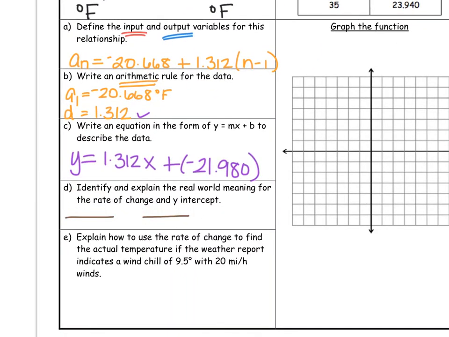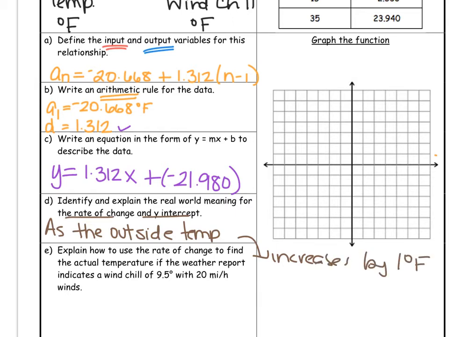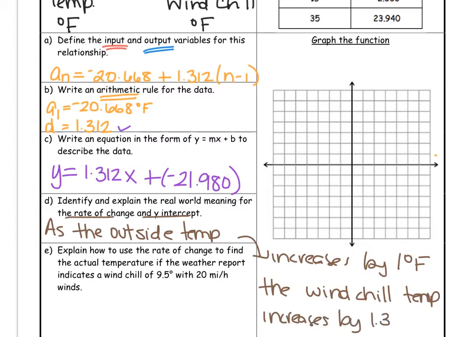And that's what we're going to write down here. So as the outside temperature increases by 1 degree Fahrenheit, the wind chill temperature increases by 1.312 degrees Fahrenheit.